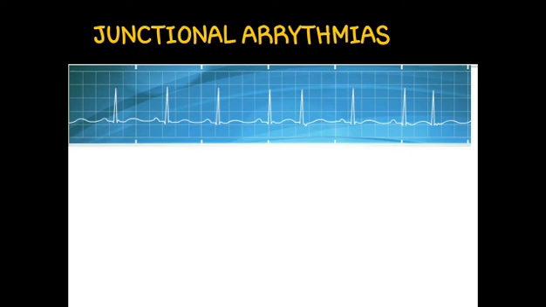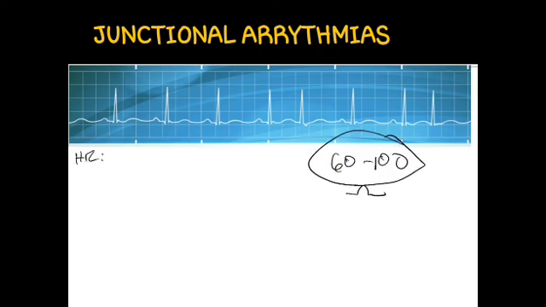So for the rhythm, first of all, we need to know the heart rate, for us to determine if this rhythm is really related to junctional problems, because as we have known, the SA node fires impulses at 60 to 100. One of the determinant factors that the impulses come from the SA node is the presence of your P wave, and also the heart rate should be within 60 to 100.